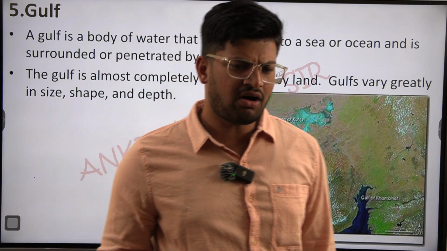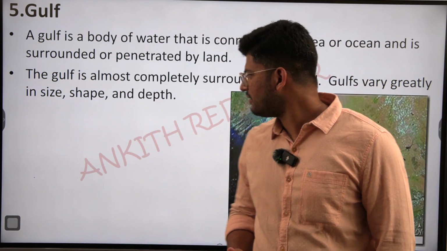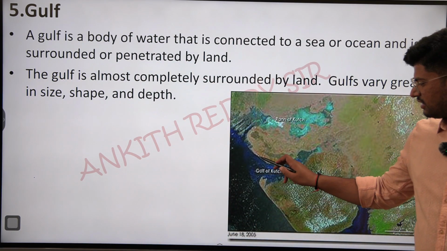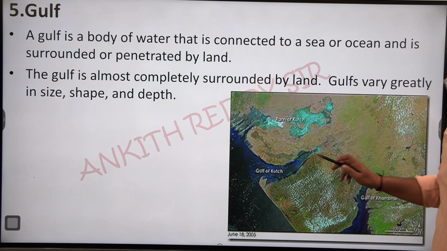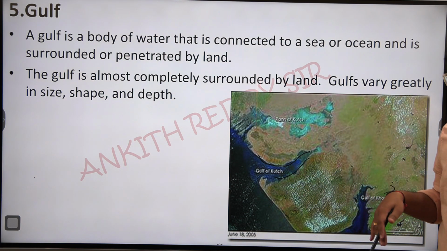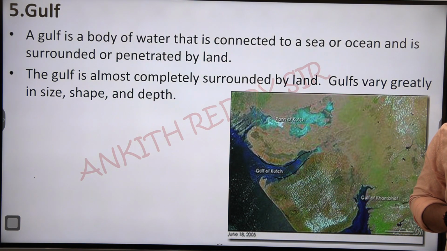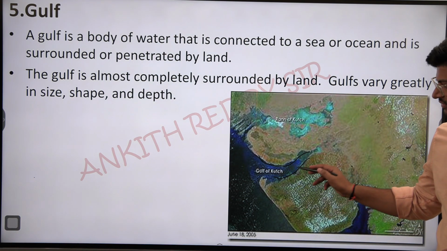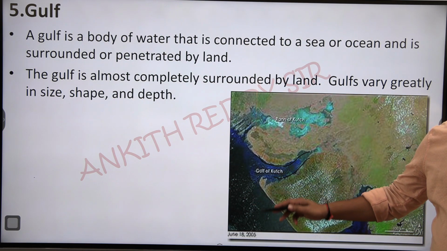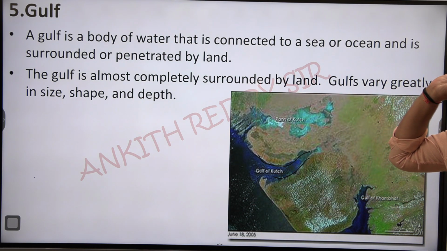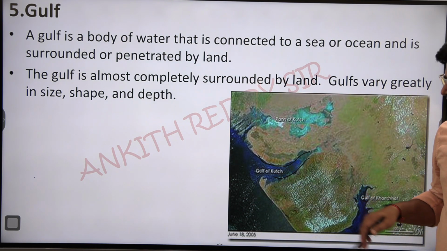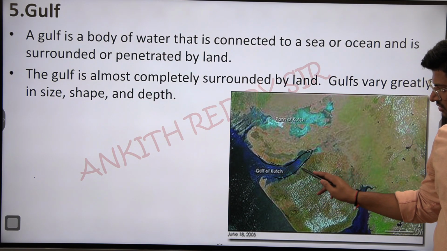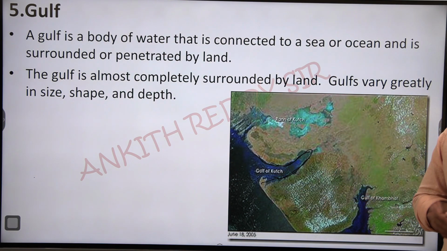Gulf, sea, bay, all these are part of the ocean. Can you see the Gulf of Kutch? They are very narrow and surrounded by land. So this Gulf of Kutch is part of the Arabian Sea. The Arabian Sea is part of the Indian Ocean. Yes or no? So a Gulf is part of an ocean or sea which is surrounded by land.